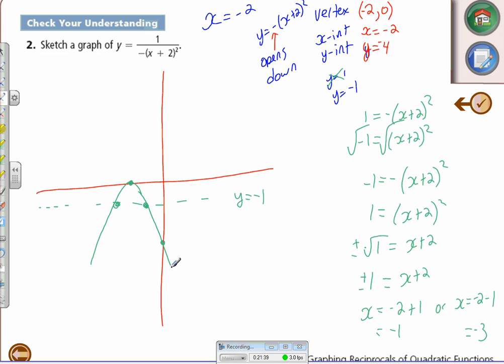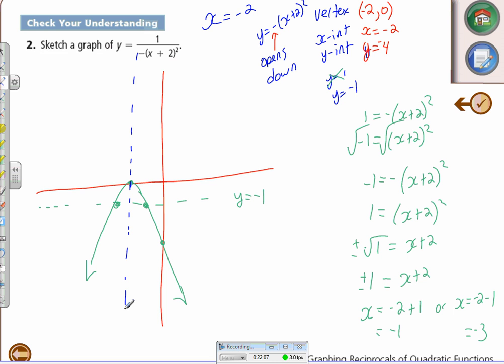Join your dots. That's what the original looks like. But now we need to do a reciprocal. Step number 1: any original zeros is a vertical asymptote. There's an original 0, so we've got a vertical asymptote in there. We can't go 1 over 0.